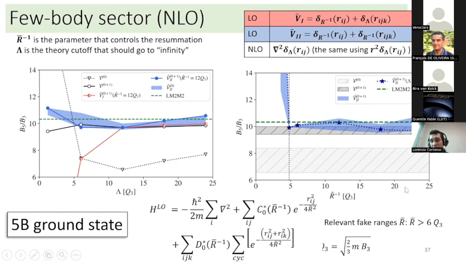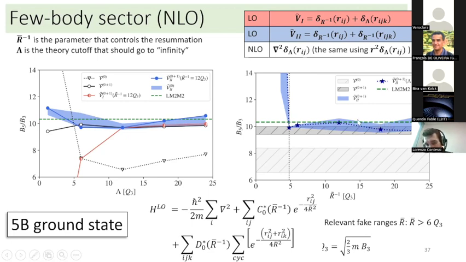Now, when you choose, for example, one range for the 2-body, for example here, you can see that you have a blue band. This is a cutoff variation for the next-to-leading order, and then you extrapolate to the contact next-to-leading order. Of course, the leading order still has a range. Next-to-leading order becomes a contact, and you get the blue star. And you see that this blue star is inside the error band of the standard next-to-leading order.